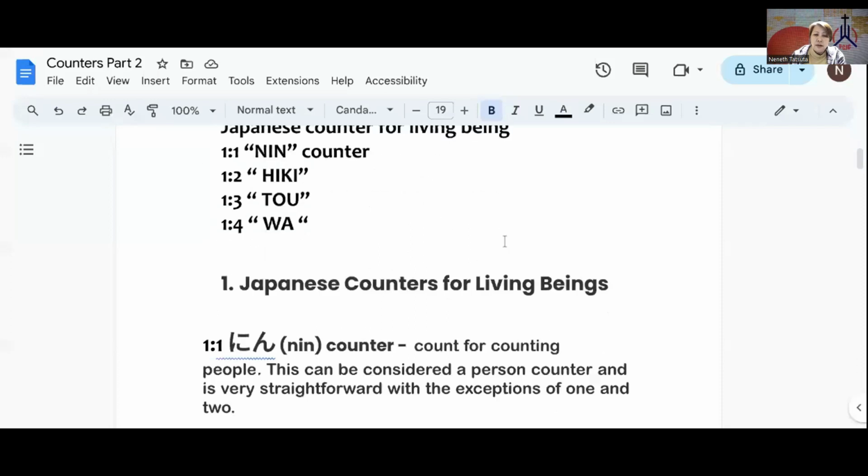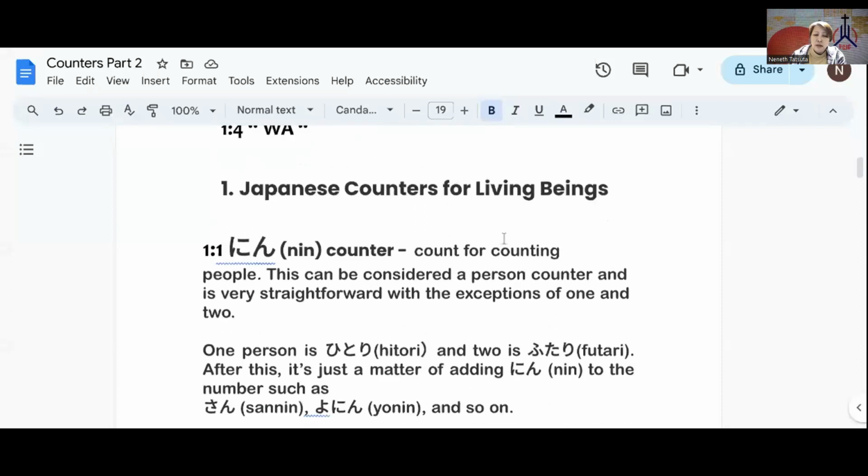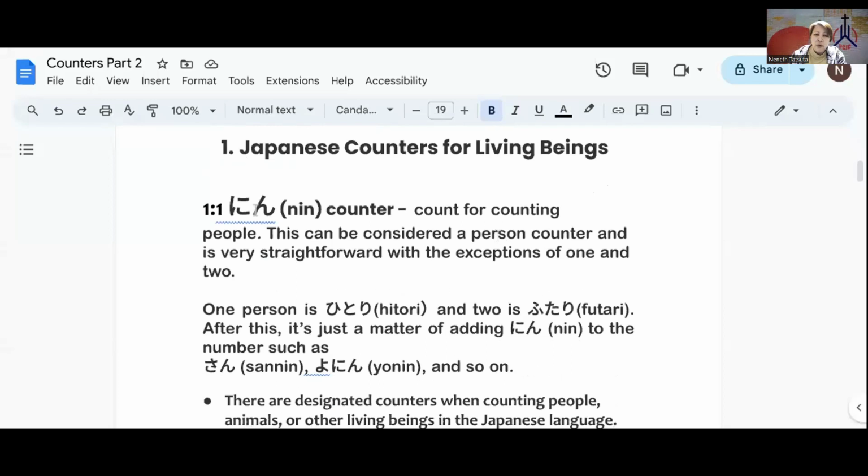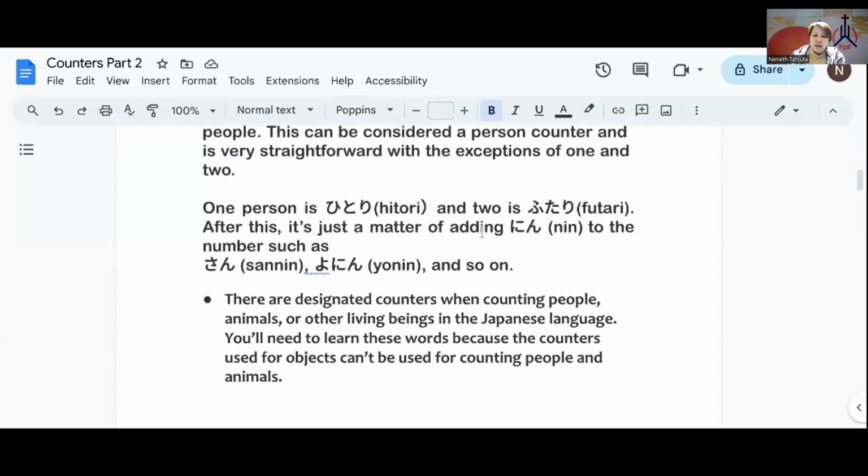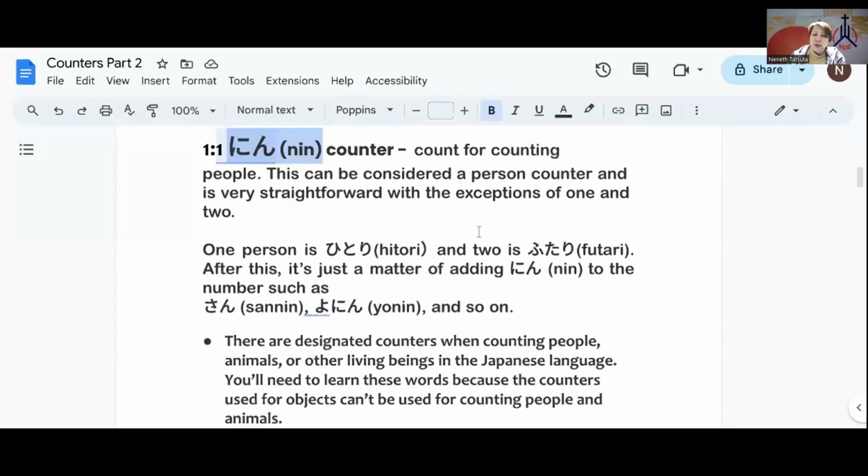Now the next is nin. We discussed this already. The nin counter is only used for counting person or people.